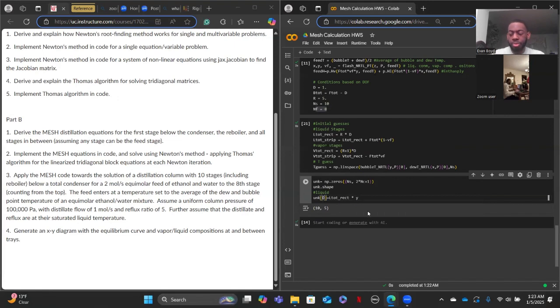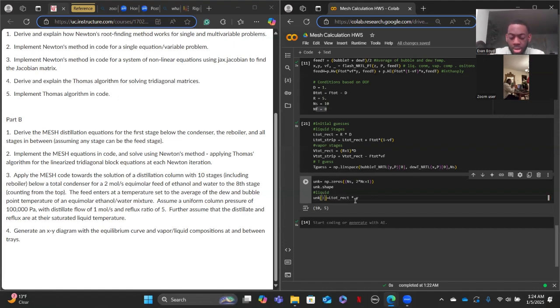Now, we want this from the beginning of our stages, from stage 0 all the way to stage 7 for Python, so from stage 1 all the way to stage 8. Because from stage 8, that's when the feed comes in, and that's when we switch from rectifying to stripping.